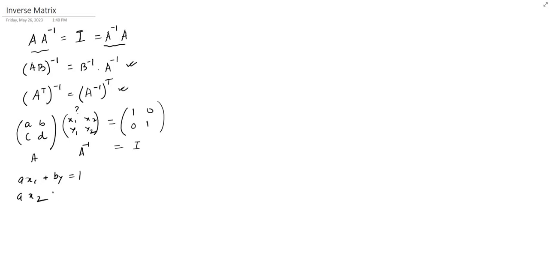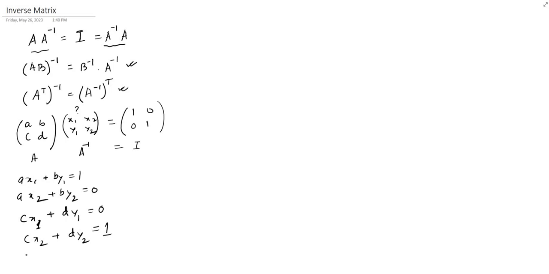Similarly, a x2 plus b y2 will be 0, and c x1 plus d y1 equals 0, and c x2 plus d y2 is equal to also 1.